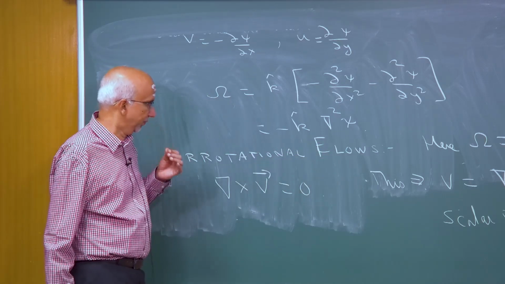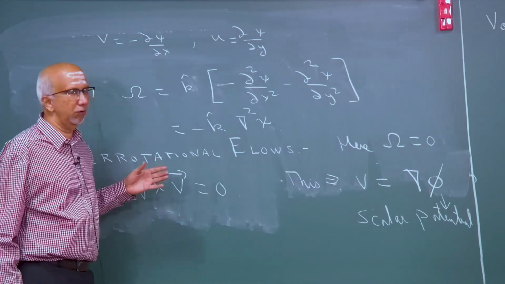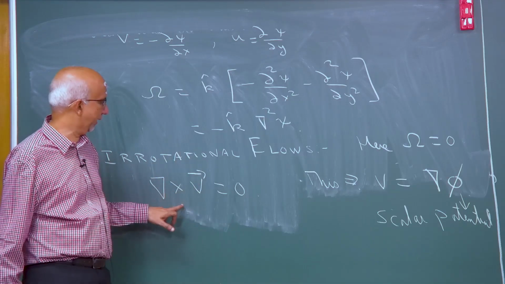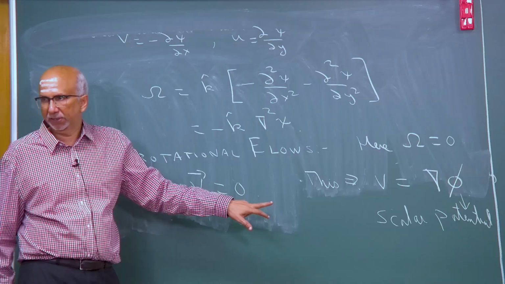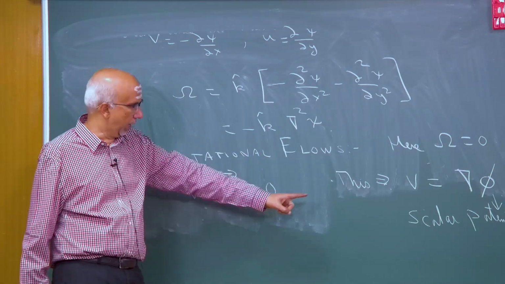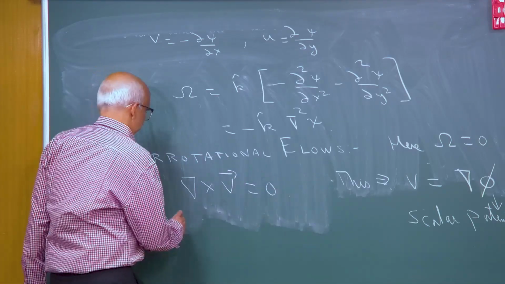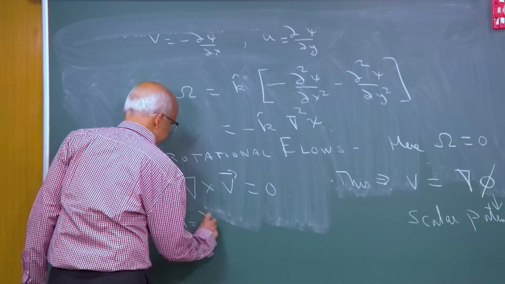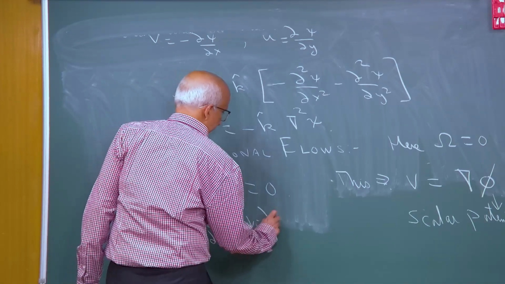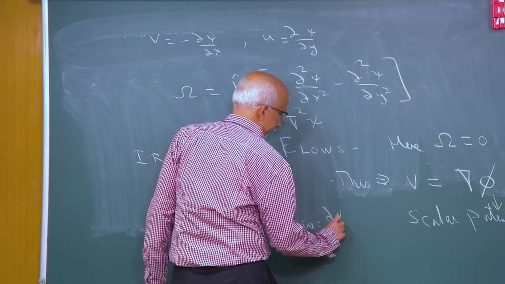Okay. So basically what I am trying to tell you is that in general you cannot write V as gradient of a potential, but if the flow is irrotational, if omega is 0, I can write V as gradient of phi, which means Vx or u is d phi by dx, v is d phi by dy, and w is d phi by dz.